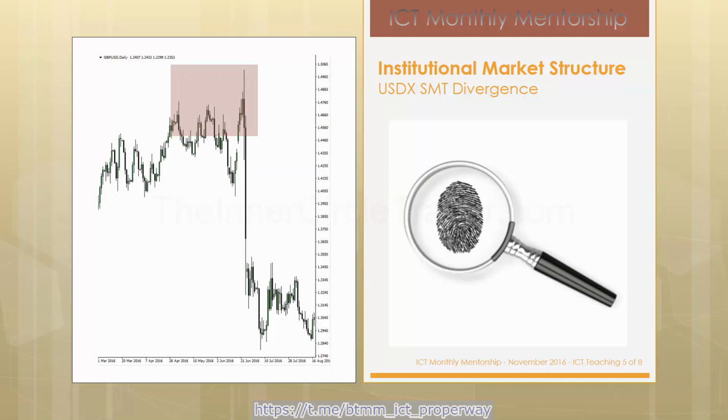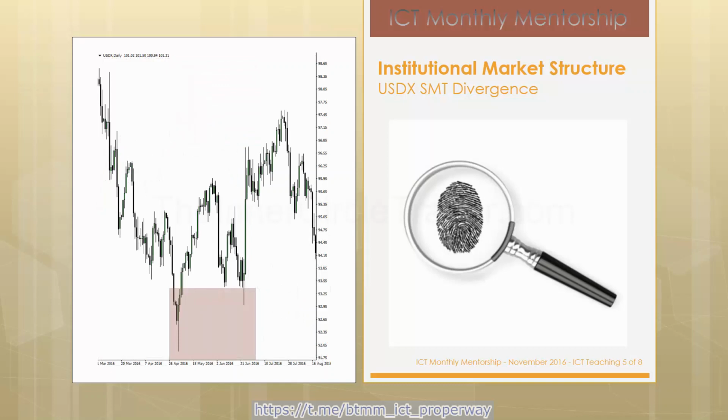By itself, at the time when it was rallying up, I'm sure it probably looked very positive and bullish to everyone. But if there is a symmetrical market condition, what should be seen? In terms of the dollar, it should be seen with a lower low. Do we see a lower low form in the dollar index? No. That's a USDX SMT bullish divergence.